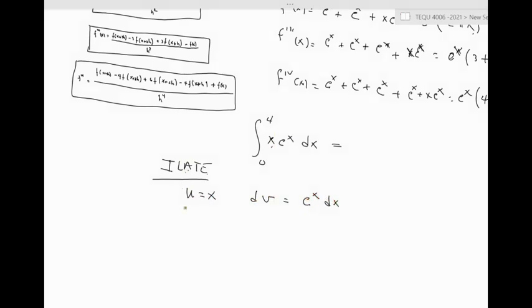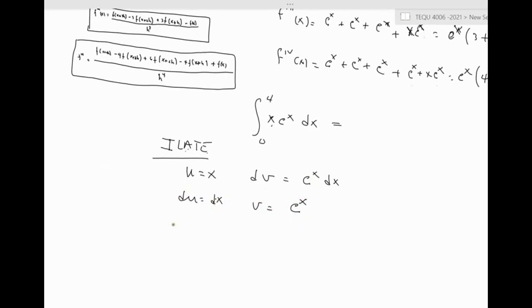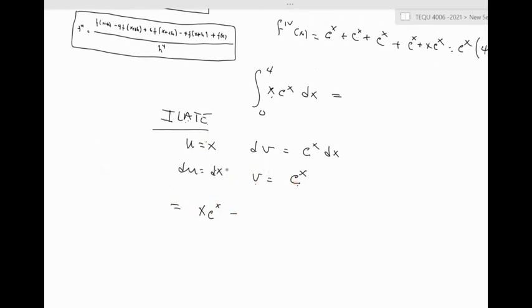Now, what happened here? You differentiate that, that would be dx. And how about here? That would be an integral. You need to do the integral part. But the integral of e^x is e^x. Not a big deal. So the final solution of this will be x times v, that would be x e^x, minus the integral of this times this, that will be the integral of e^x dx.